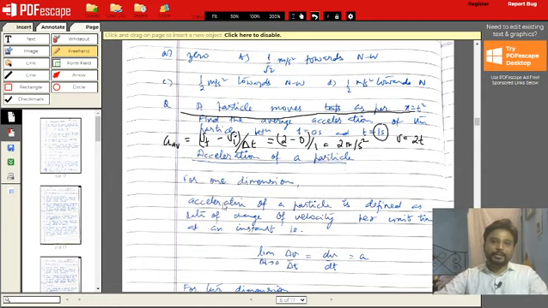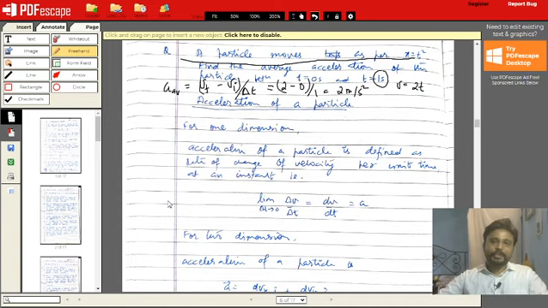It is defined in the same way. We say that the instantaneous velocity is defined as dx by dt. So the instantaneous acceleration is defined as the differentiation of velocity with respect to time, dv by dt.